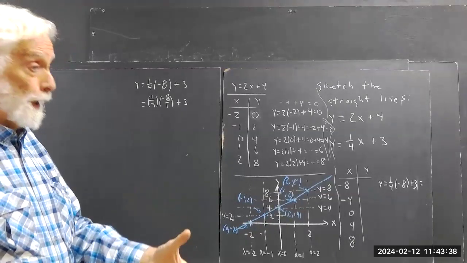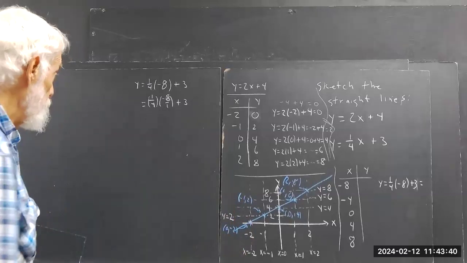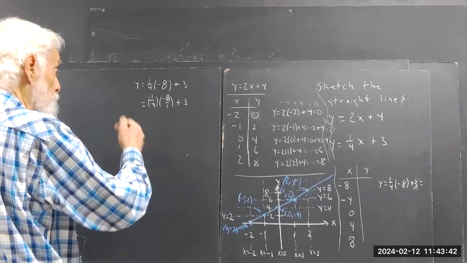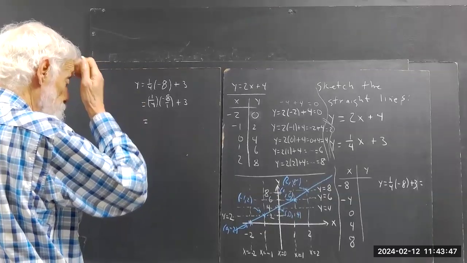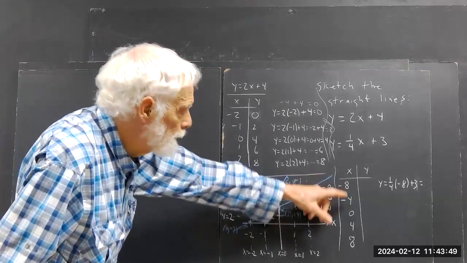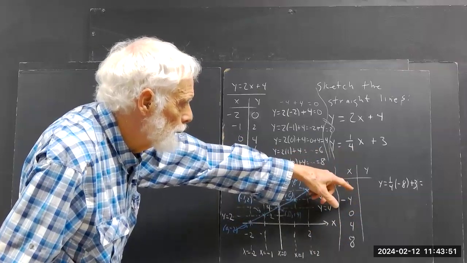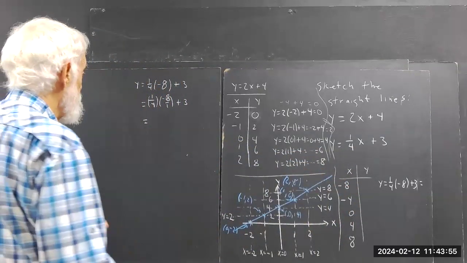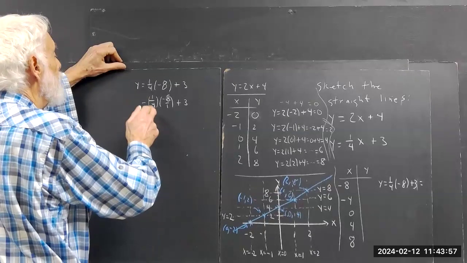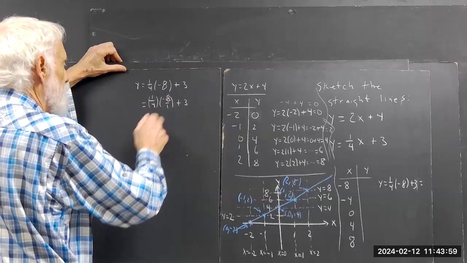If you're adding or subtracting, then usually you're going to have to find a common denominator. We're not doing that here because we're not adding and subtracting fractions. Also, we chose these numbers so that when we divide them by 4, they don't come out with fractions.